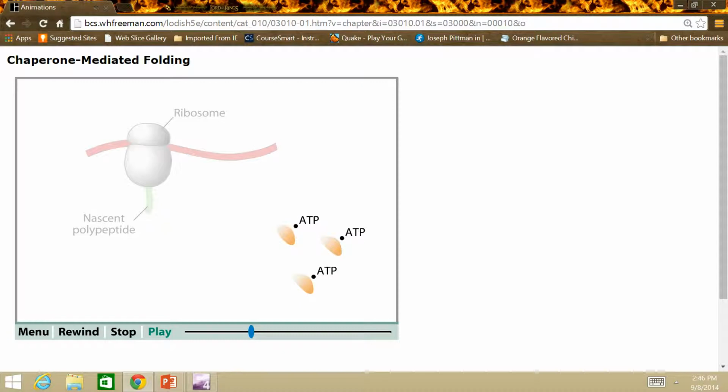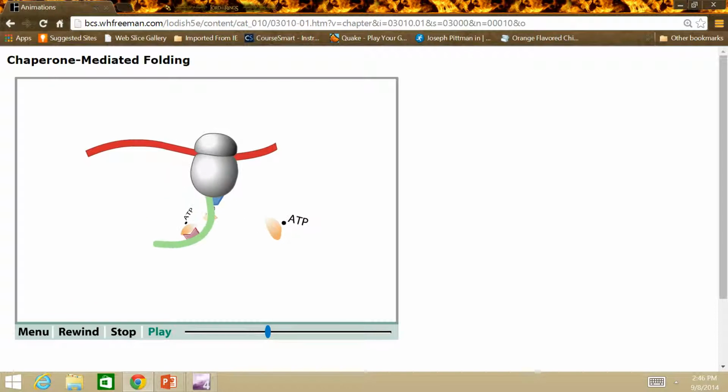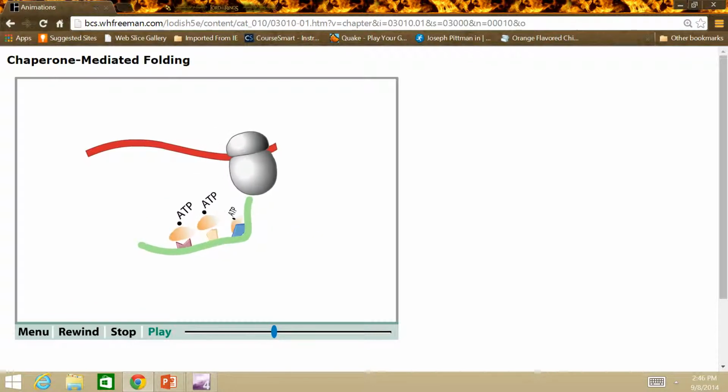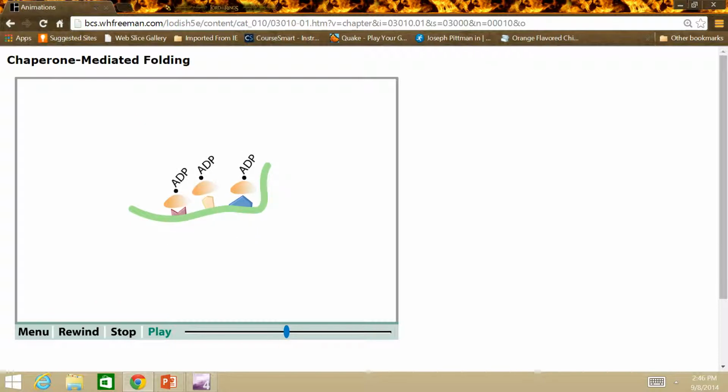In this form, the chaperones bind nascent polypeptide chains as they're synthesized on ribosomes. The bound ATP is hydrolyzed to ADP. ADP exchange with a new ATP molecule causes the chaperones to switch to a closed conformation, releasing the target protein.